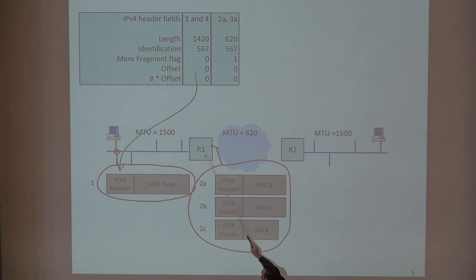What is the identification? Identification is a number given to the original datagram. Whenever an IP source generates an IPv4 packet, it puts a number to it. The number doesn't mean much, it's used only for fragmentation.